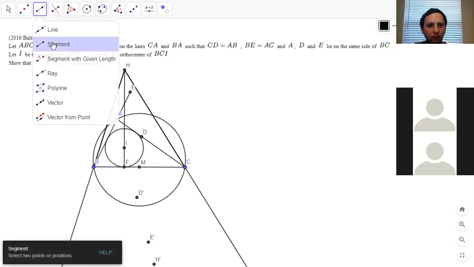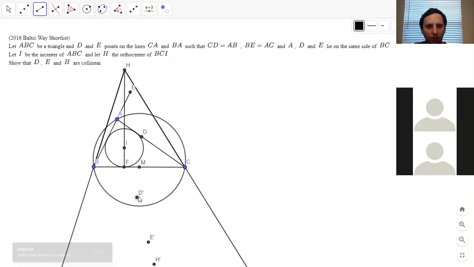One second. DD prime, yeah, DD prime and BD prime. And also AD prime.